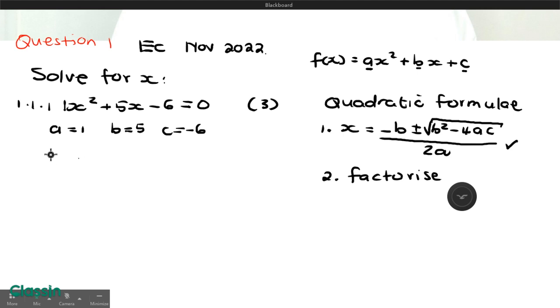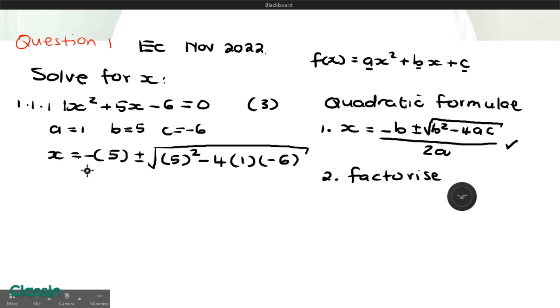From there, you can simply say x is equal to minus b, but here we have +5, so the negative is outside and we put +5, plus minus the square root of 5 squared, which is b squared, minus 4 into our value for a, which is 1, and our coefficient c, which is -6.